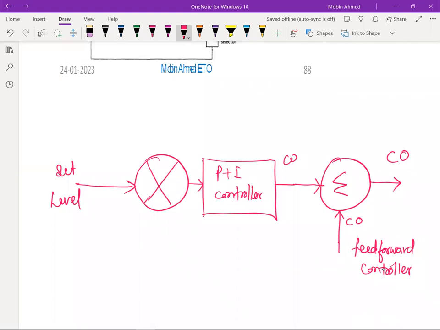So this is the control output of the feed forward controller, and this is the control output of the feedback controller. And the feedback is going to be from the boiler water level transmitter. So it is coming from the level transmitter.